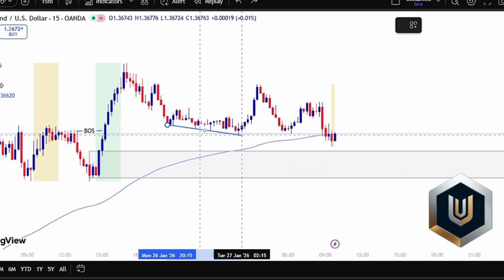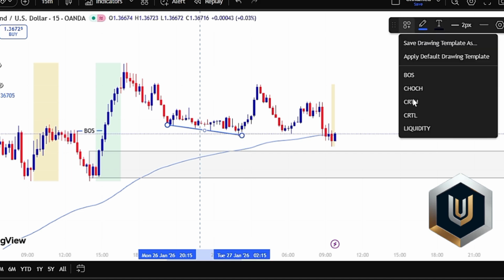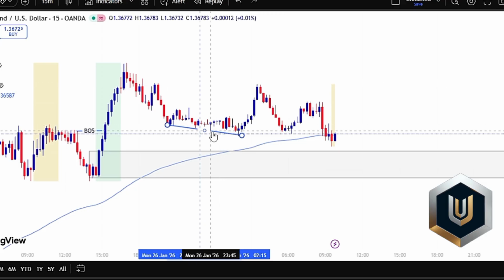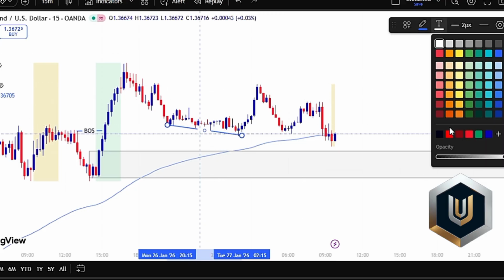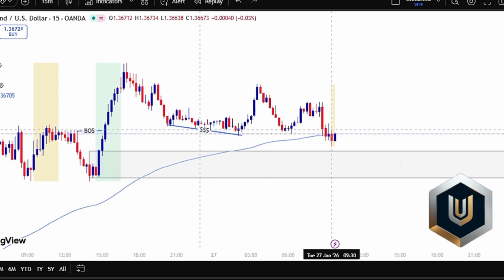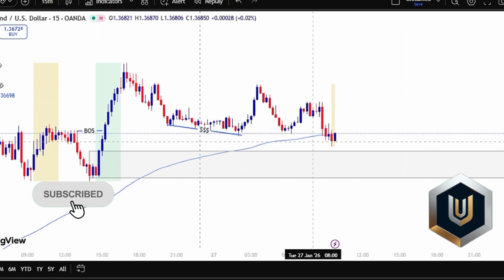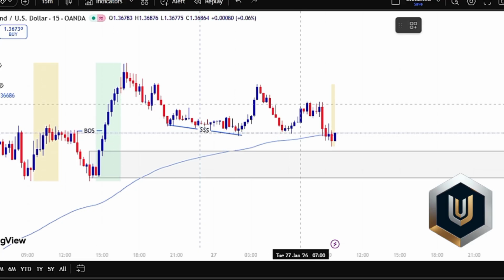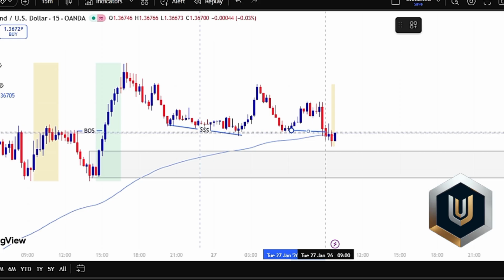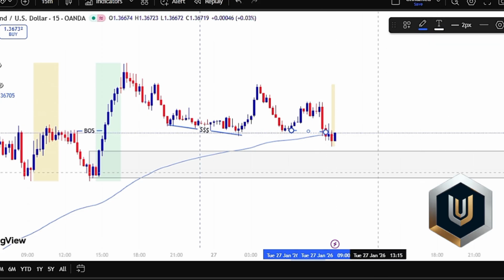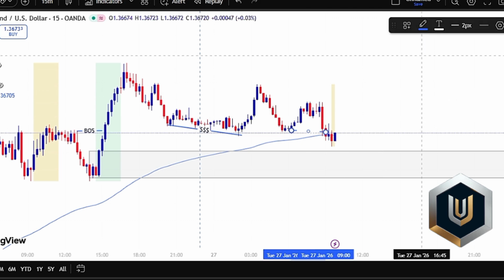You could see it clearly, and we're having a sharp change of character right here. This change of character is what is going to lead us to a perfect zone for us to hit through and get our trade up, because that zone is well respected, as you can see right here.